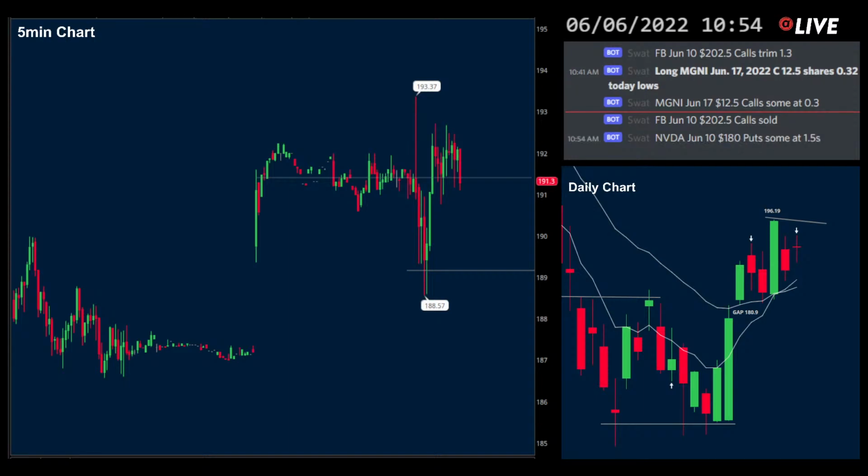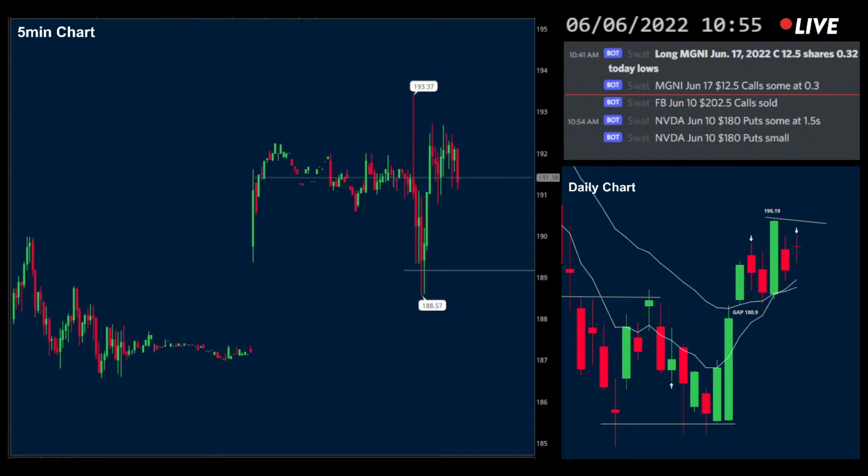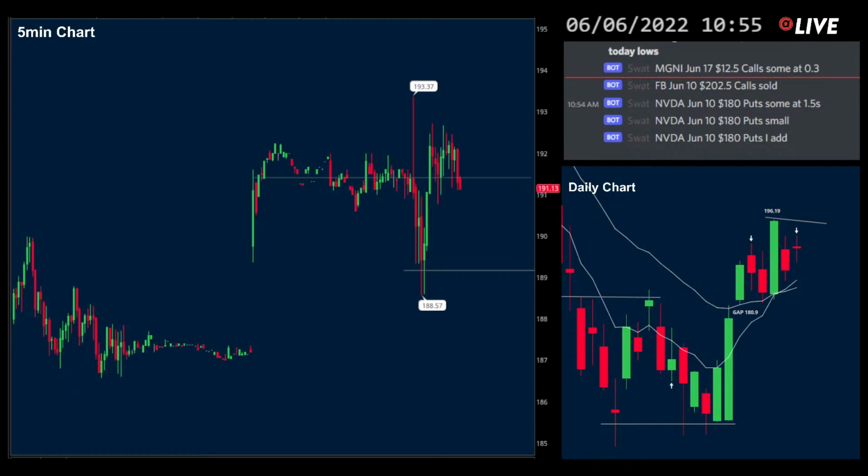I got some small puts on NVIDIA. I had some more on NVIDIA.